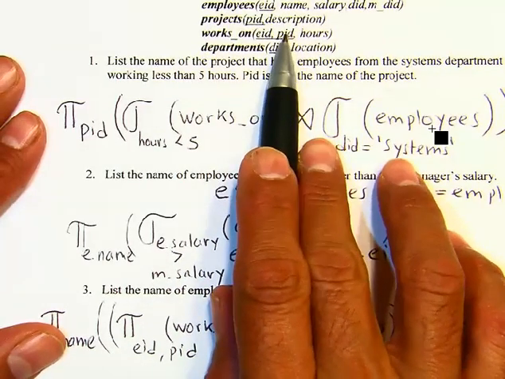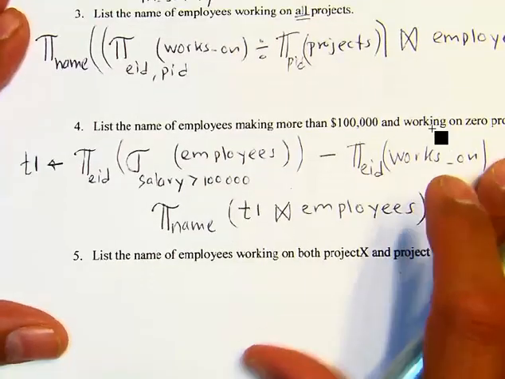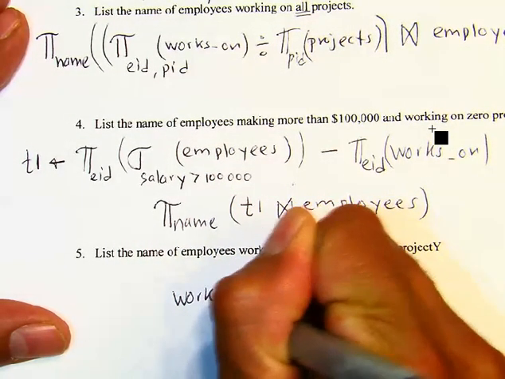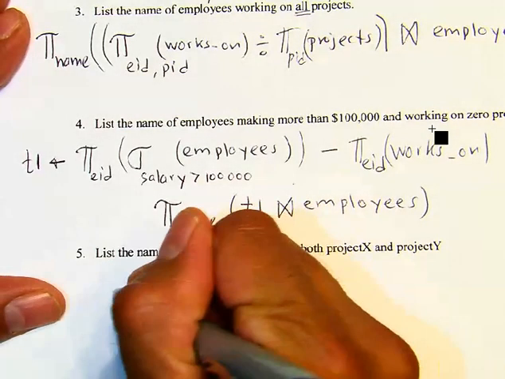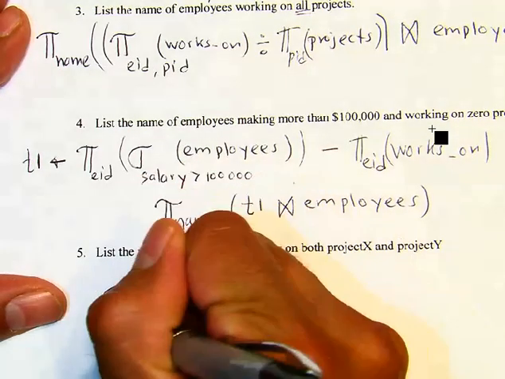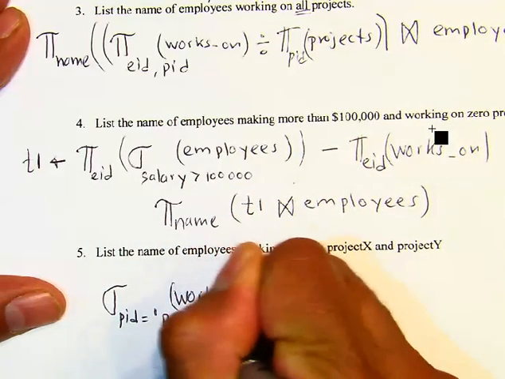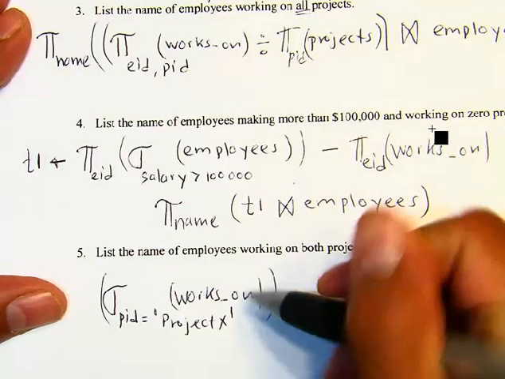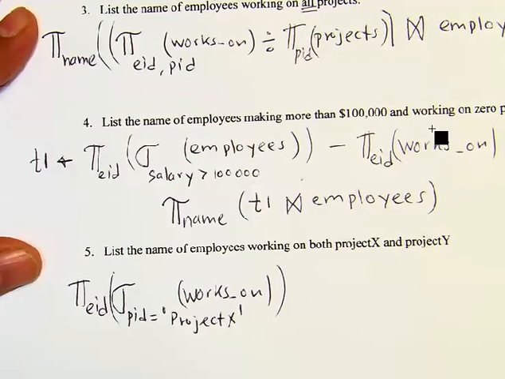So in the case of an AND, we do intersection. Let's get the employees who work on project X. We do the selection where PID is project X. And then let's get the identification, because we only care about the employee identification.